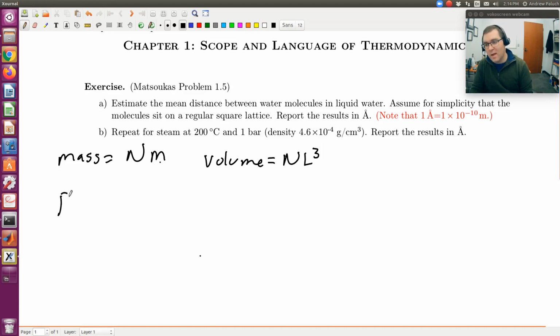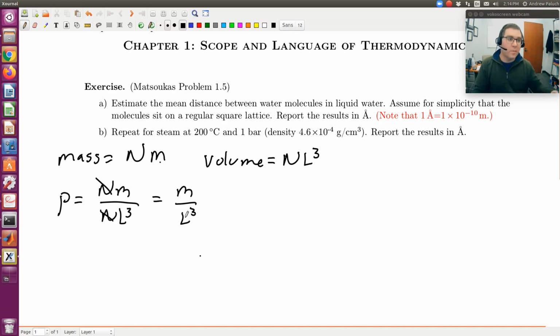So density then is equal to mass, Nm, divided by volume, NL cubed. So N cancels, and I'm left with m over L cubed. So m is the mass per molecule, L is that edge length. So now, from our last problem, this is mass per molecule. Recall from the last problem, the molecular weight of water is 18.015 grams per mole.